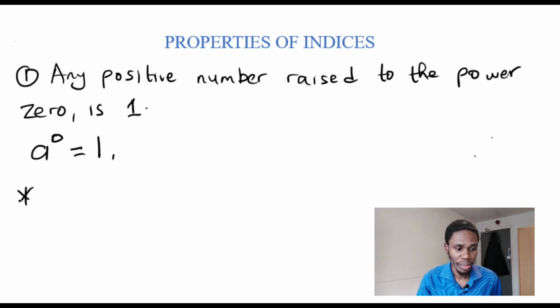The second part of the property states that any negative number raised to the power 0 is minus 1.